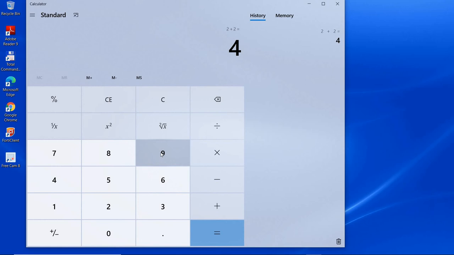So in the learning phase, it will capture the image and store it in its repository, in its collection. Now when I run my script, and the script says click on the button 9, what the tool will do is fetch the image of this element from its collection. It will come to this screen of my application and check which area of my application matches the image it has in its collection as button 9.